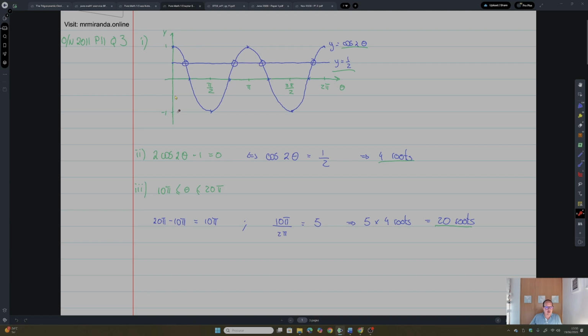The range is still going to be between -1 and 1, but instead of having one cycle, you'll have now 2. The y equals 1/2 is just a straight horizontal line.